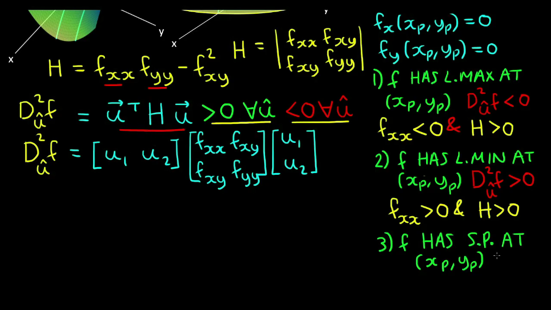So this condition is where the Hessian is less than 0, meaning the eigenvalues of the Hessian matrix are both positive and negative. And in our fourth condition, the test is inconclusive, where the Hessian evaluates to 0. So these are the conditions that come out from the positive definiteness of the quadratic form of the second directional derivative.